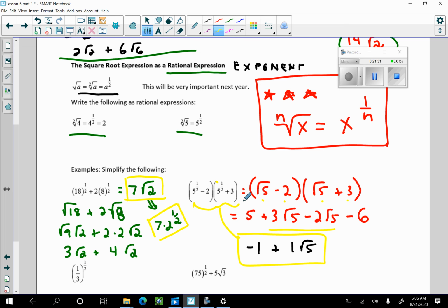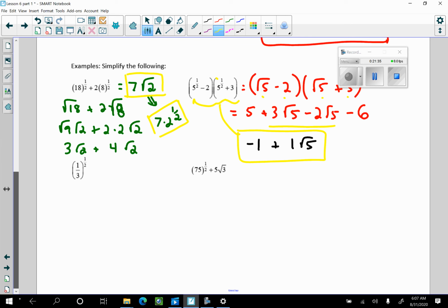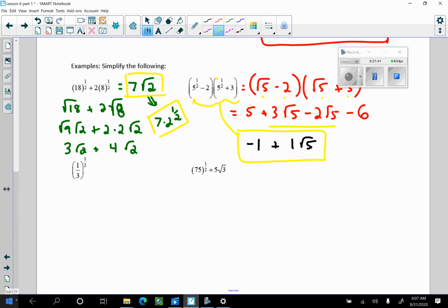All right, let's do 2 more examples here. I'm just going to write that as simplified. It's 1/3 to the 1/2 power. 1/3 to the 1/2 power is going to be the square root of 1/3, which is the square root of 1 over the square root of 3.